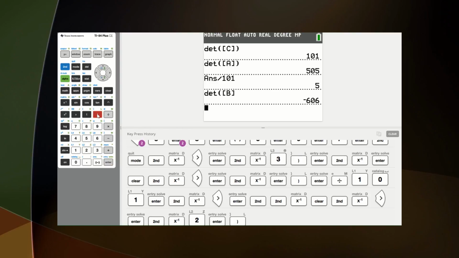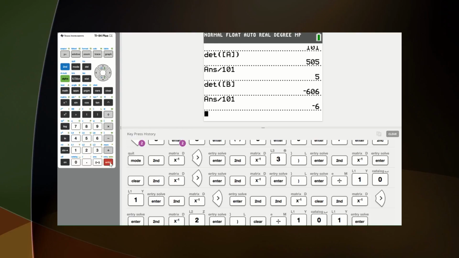Close that parentheses. It's -606. So we're going to take that -606 and divide it by 101, which was the determinant for matrix C. And Shazam, y is equal to -6. So the solution for that is x equals 5, y equals -6.